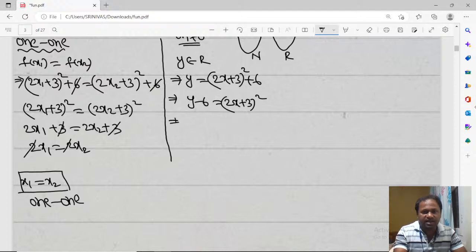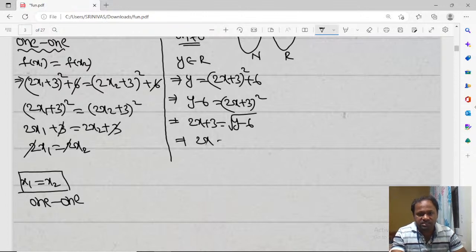That implies 2x plus 3 is equal to square root of y minus 6. That implies 2x is equal to square root of y minus 6 minus 3.